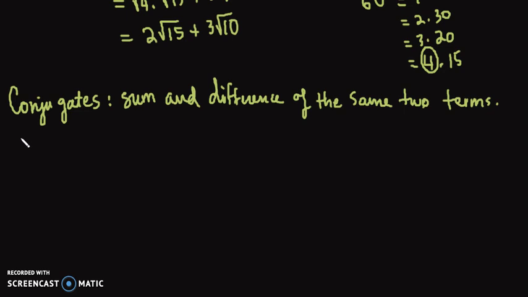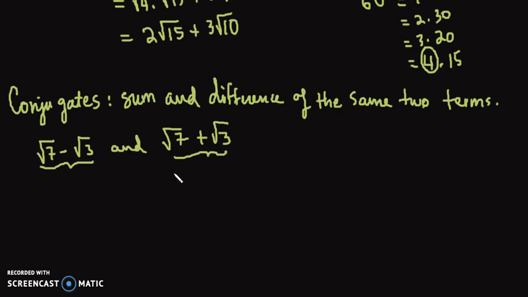So for example, square root of 7 minus square root of 3 and square root of 7 plus square root of 3 are the two conjugates, because this is a sum of square root 7 and square root 3, and this is a difference of the same two terms. So these are conjugates.